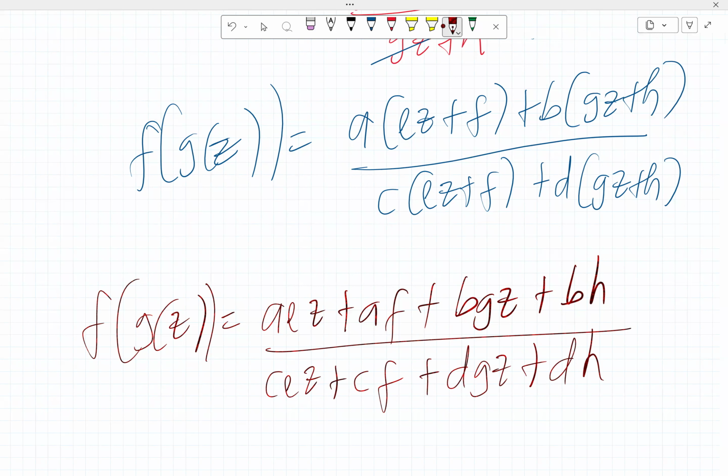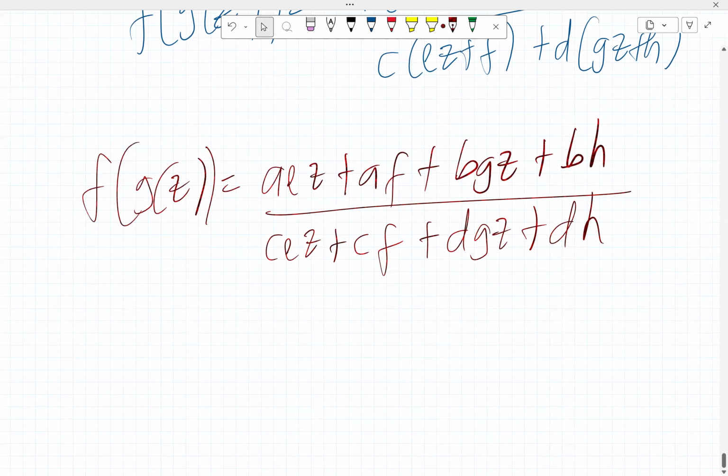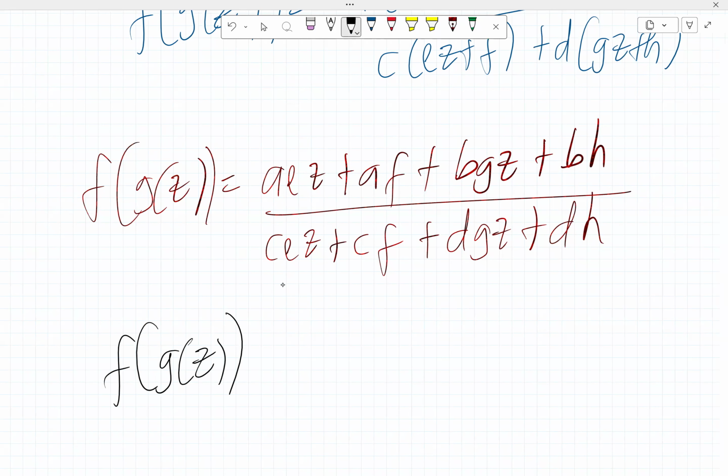So having done all of this, our goal is we want to show that this is also a Möbius transformation, that the composition of two Möbius transformations is another Möbius transformation. So now we have f of G of Z equals, what can we collect?